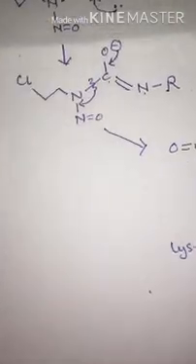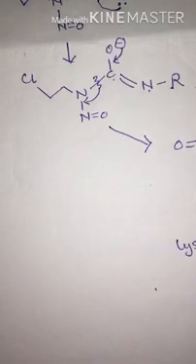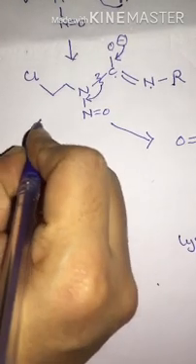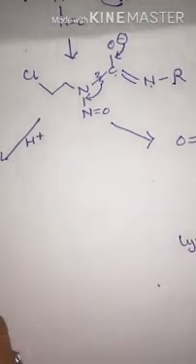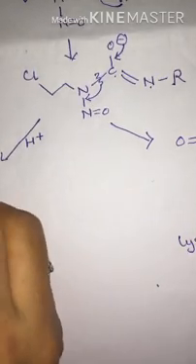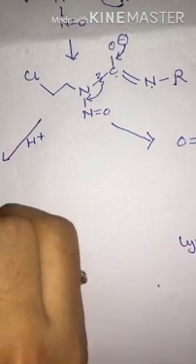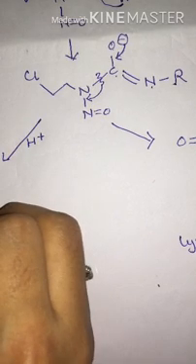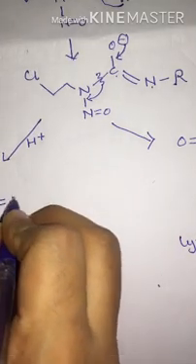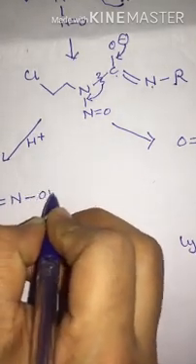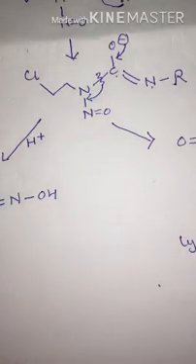Then here a proton adds up and we get the structure chlorine. There is a structure of hydroxide N, double bond N with OH.